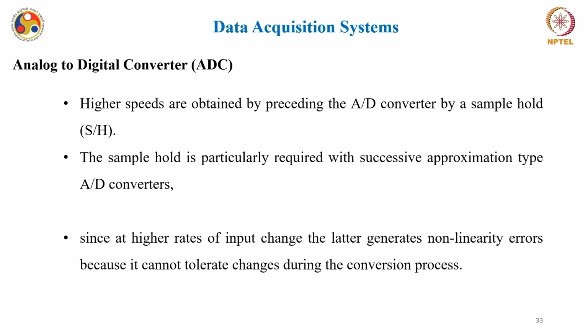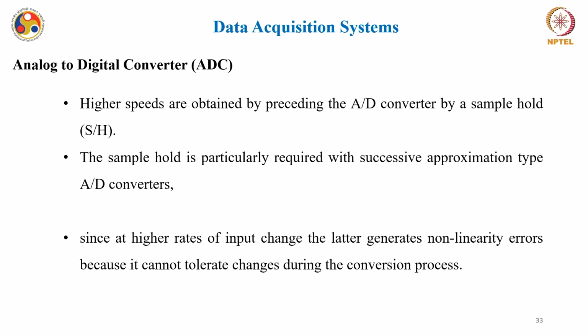Then higher speeds are obtained by preceding the AD converter with a sample and hold circuit. The sample and hold circuit is particularly required with the successive approximation type AD converter, which is very popular for higher speed signals.